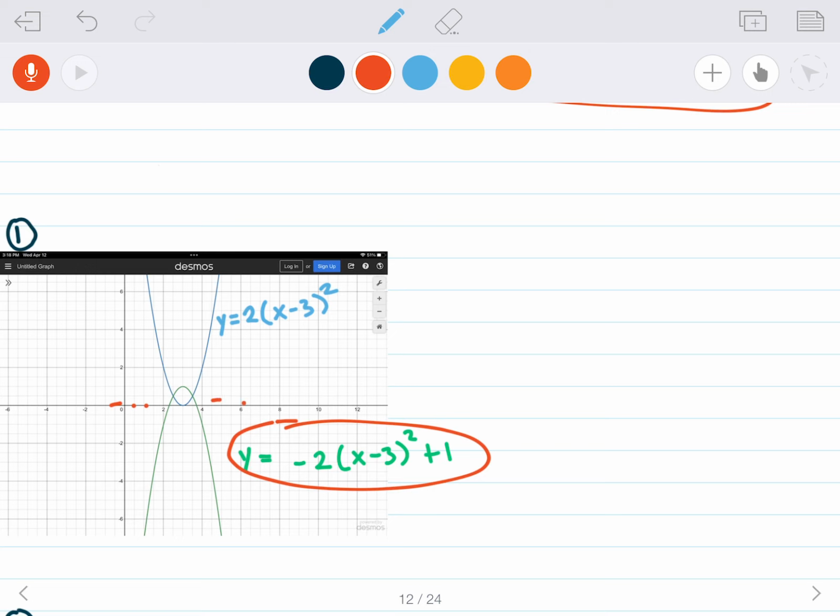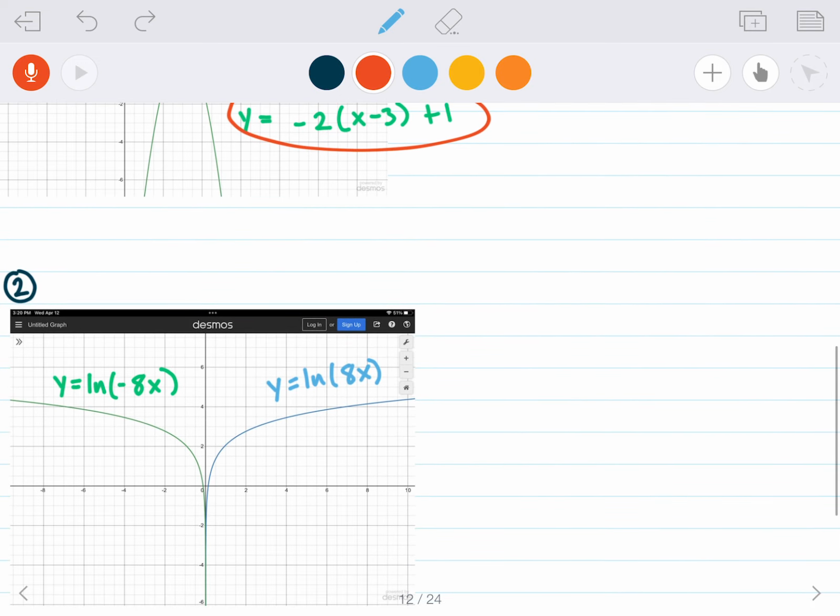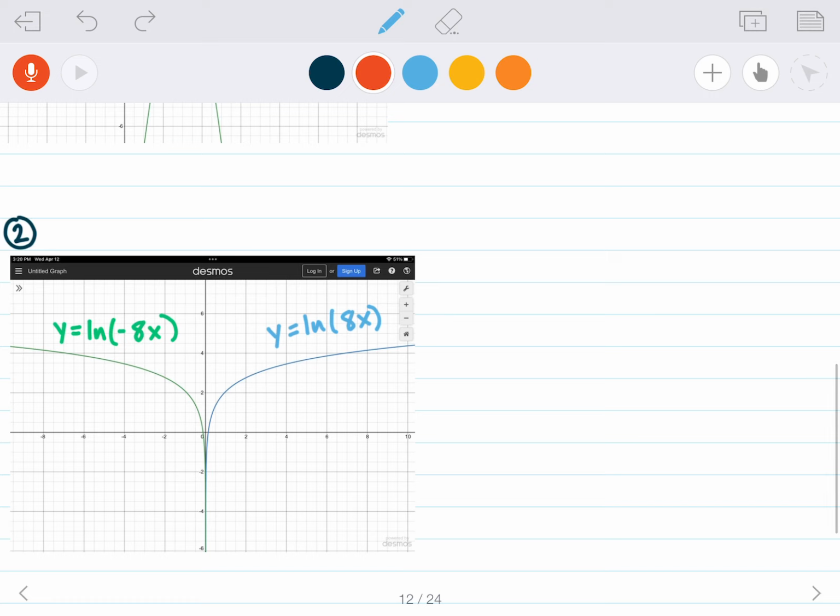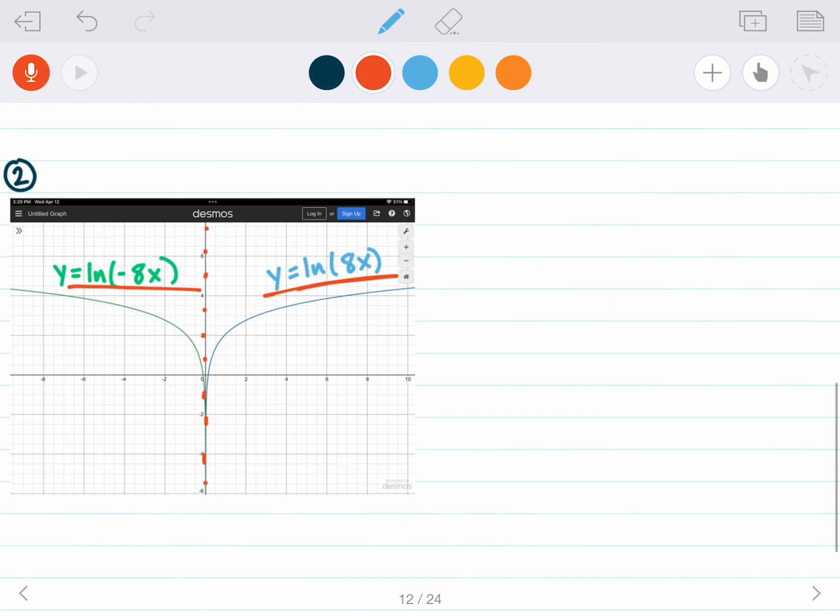The x-axis is acting like the mirror here, and we're also shifting this thing up 1 unit once we reflect it. And the second one, we can see here that my original function, ln of 8x, and my transformed function, ln of -8x, well, these are just reflections of each other across the y-axis. This time the y-axis is acting like the mirror. All right, so those are some examples.